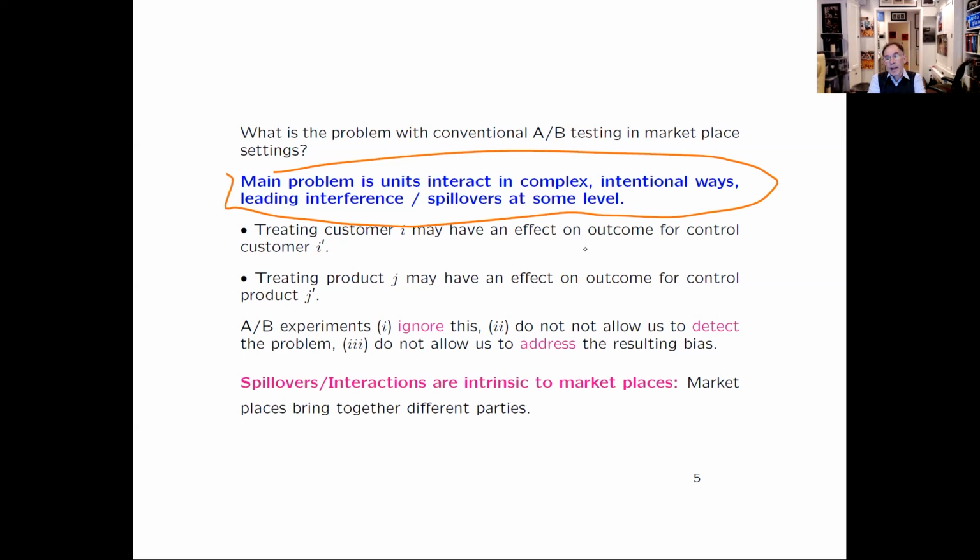In a rideshare company, that's very clear. If there's a treatment that makes it more attractive for me to get a ride with Uber, then that has an immediate, maybe very small, effect on other customers, because as soon as I actually get a ride, that particular driver is not available for other riders.